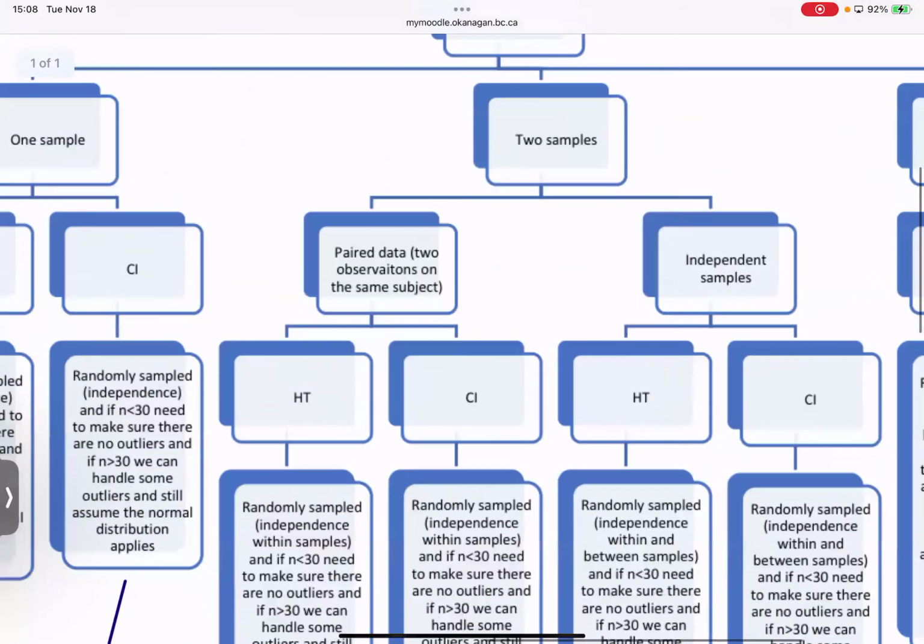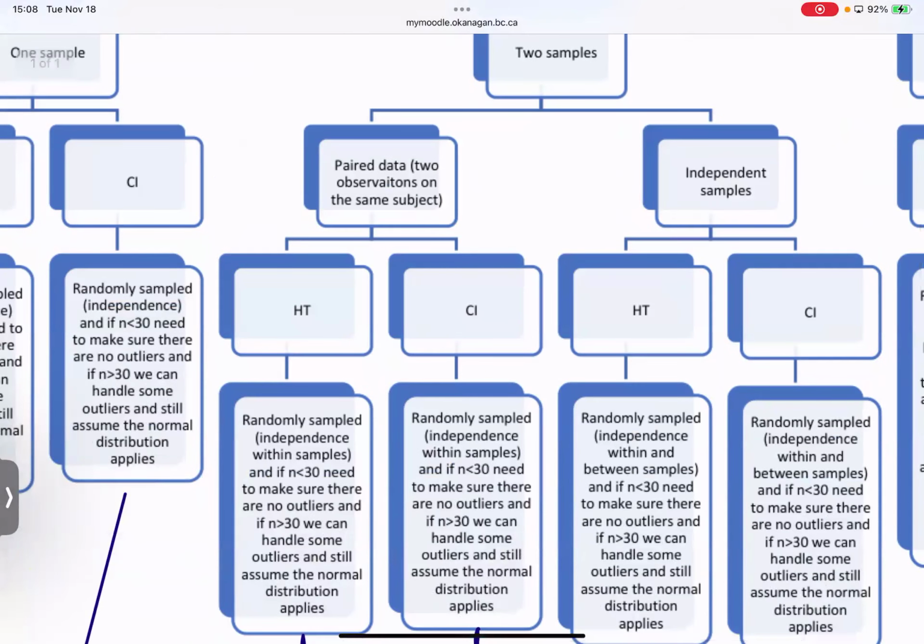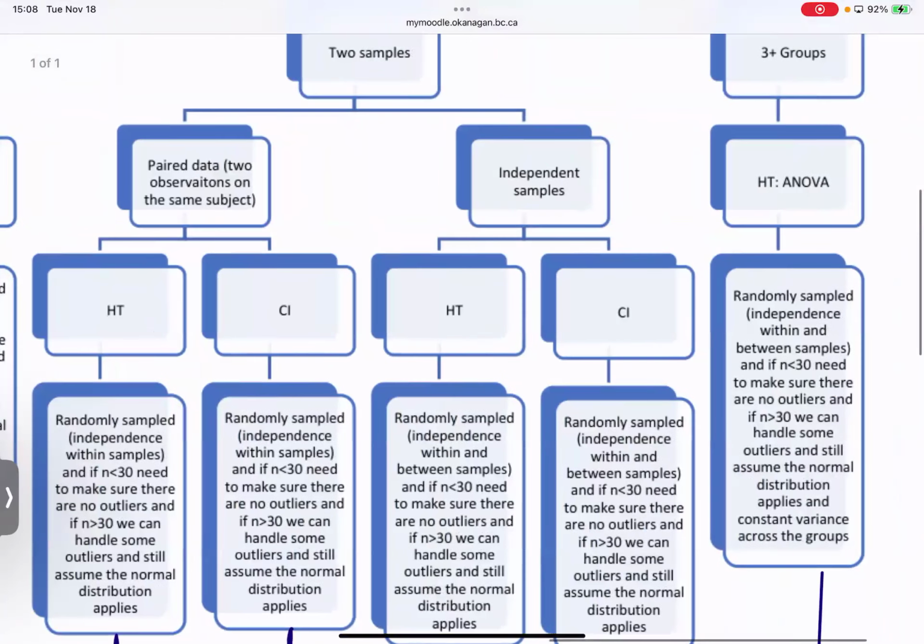We could have two samples that are paired, that special case that I introduced in the video from last week. Paired data behaves like one sample mean once you calculate the differences. And you could have two independent sample means, which is what we're talking about today.